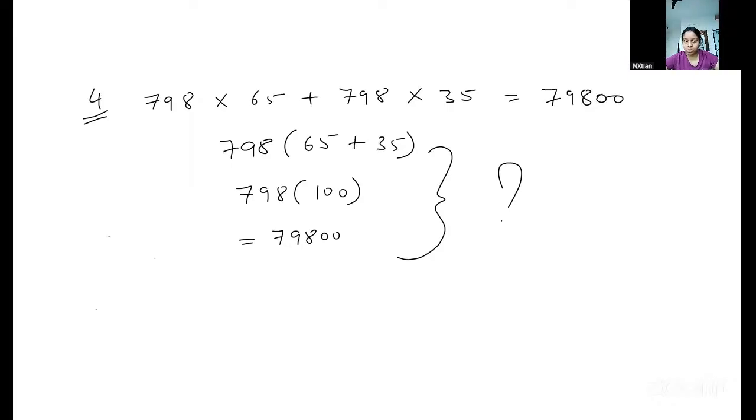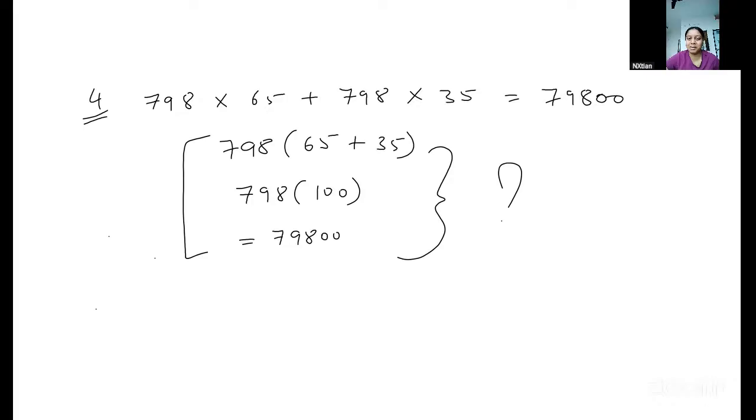Next time you need to show this working, that by applying the property, we got the answer 79800. Understood now? Both of you have made this mistake. You skip the working part.